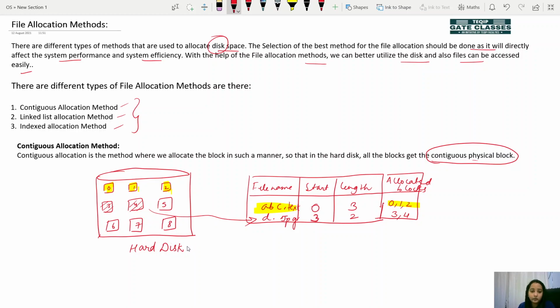There are different advantages and disadvantages. The advantages are that it is simple and easy to implement, and it allows sequential access and fast direct access.